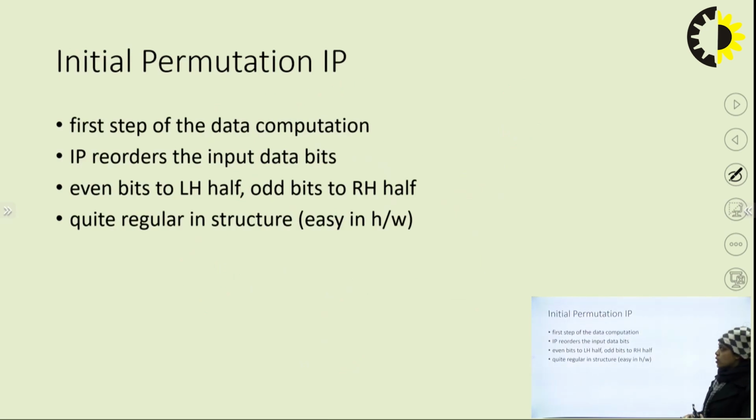The very first thing is the initial permutation. The very first step of this DES method is the initial permutation, IP. What we are doing here is dividing our input data into two halves, left half bits and right half bits. Even bits to the left half, odd bits to the right half, and now we are going to use this left half and right half individually.